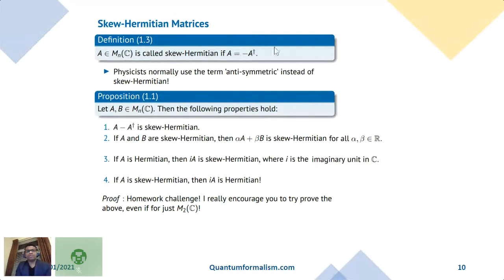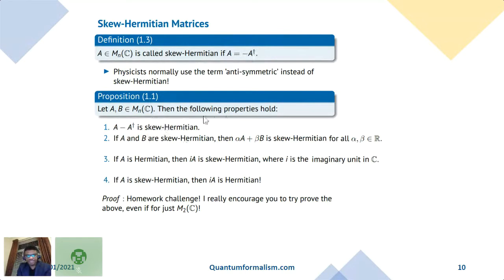So if A equals minus A dagger, it's called skew Hermitian. The term skew Hermitian is normally used by mathematicians. Physicists tend to use antisymmetric. If you pick up a book written by physicists, especially in the quantum mechanical sense dealing with operators, they mean skew Hermitian.